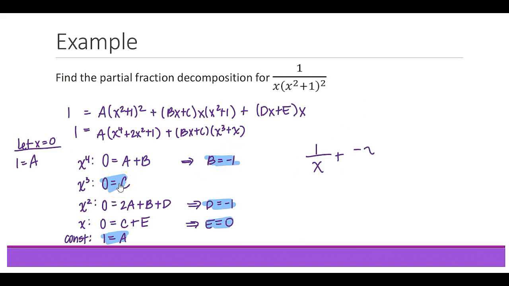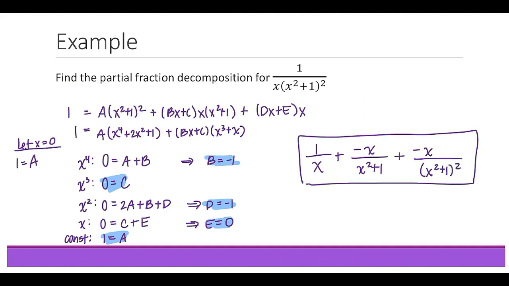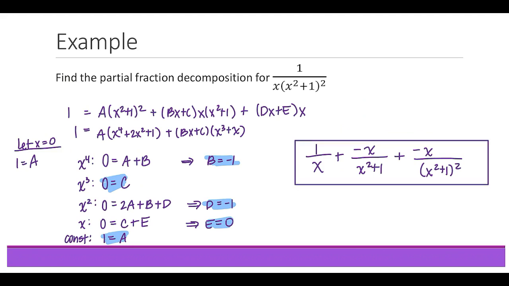So we have -x plus 0, so we won't write that, over x squared plus 1, plus the value of d is -1, and e is 0. So we'll again have a -x plus 0 over quantity x squared plus 1 squared. So we just plug in our values, a through e, into our original partial fraction decomposition to get us started.